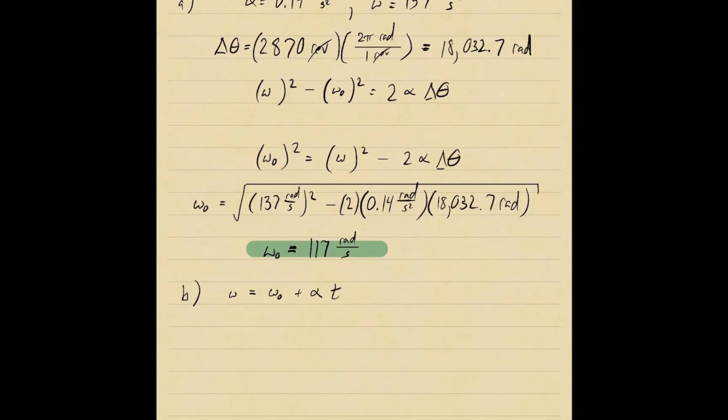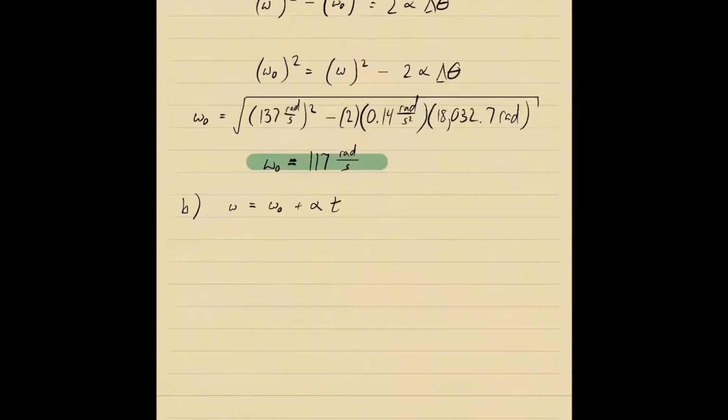So what I can do is subtract off our newly found initial angular velocity and divide both sides by our angular acceleration to get the elapsed time. I think it's just our final angular velocity minus our initial angular velocity divided by our angular acceleration.